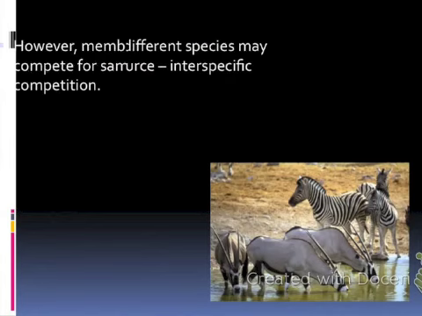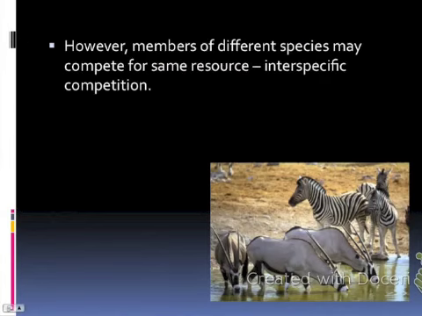And then we have the other type of competition. We don't just worry about populations of the same species living in one area. You have many different populations that make up a community. If we remember our ecological terminology, a community is several different populations living in one area. So we have competition for resources.